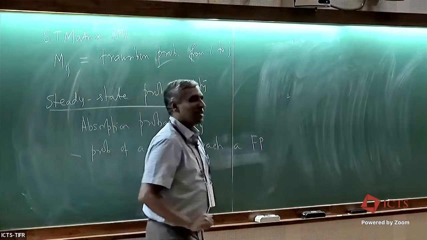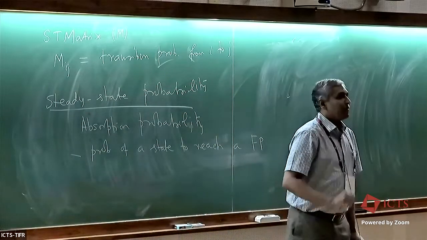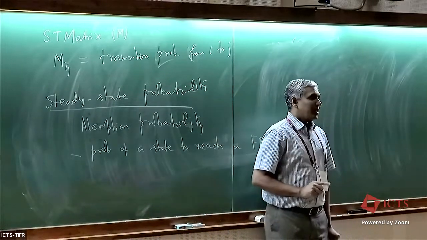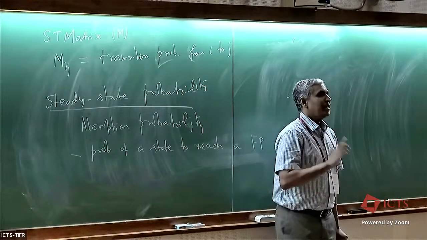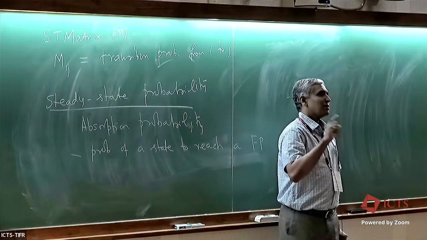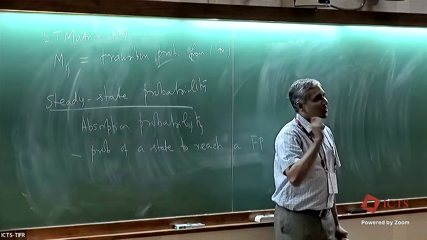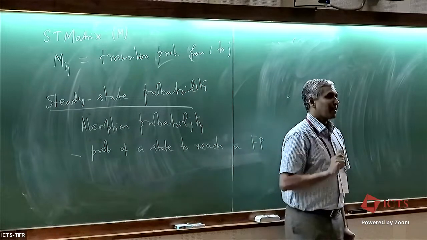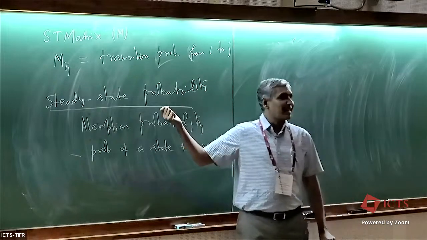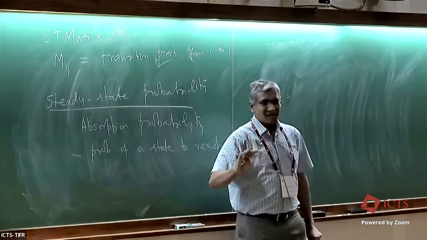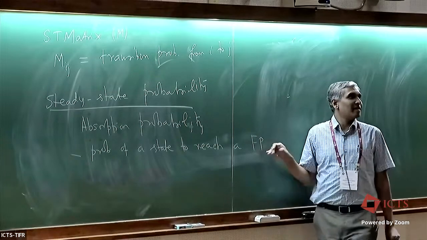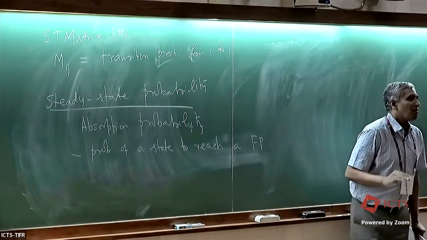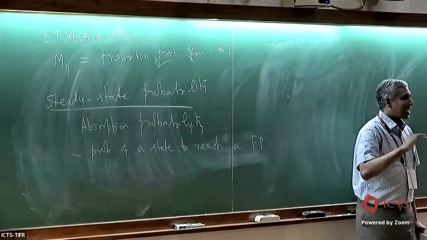Now, if it's not a strongly connected component, then you have to identify whether that particular cycle has some way by which it can connect to a fixed point. That's a little hard exercise, and therefore this steady state probability is restricted only to the fixed points, and the probabilities of reaching different fixed points will sum exactly to 1.